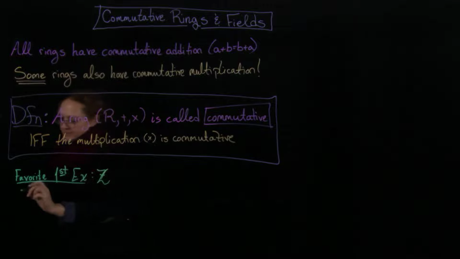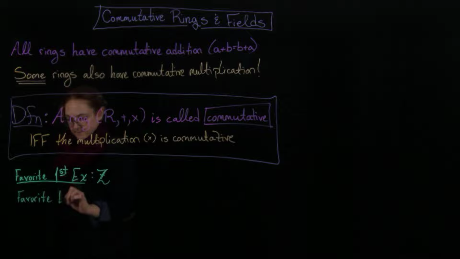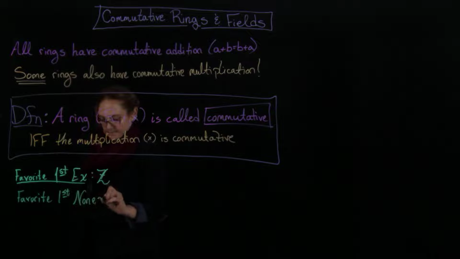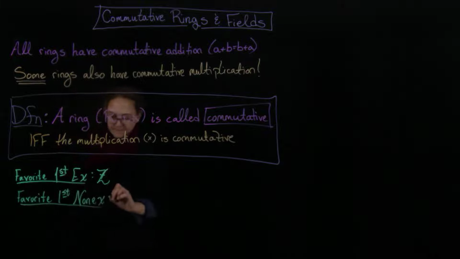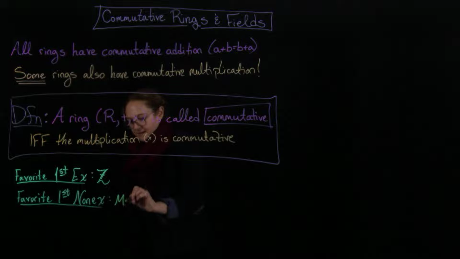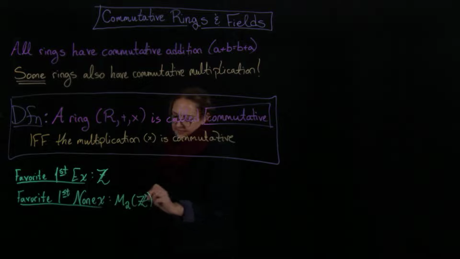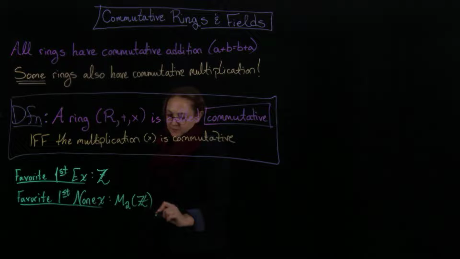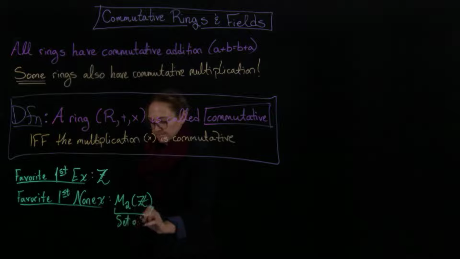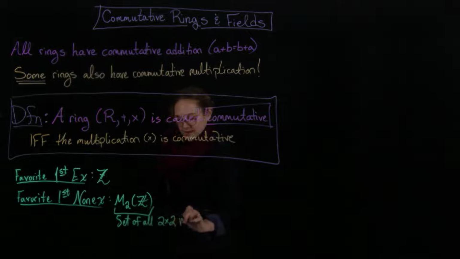Our favorite first non-example, and we'll talk a lot more about this, is M2Z, which is the set of all 2 by 2 integer matrices.